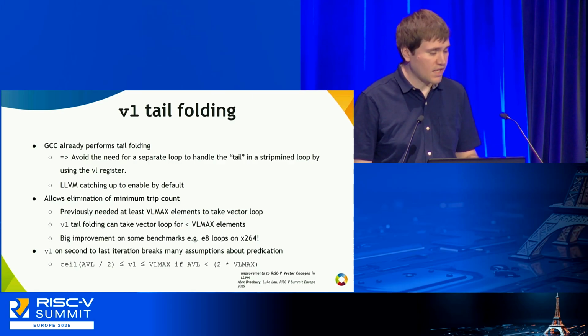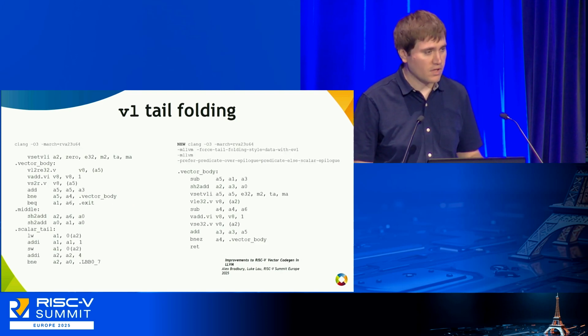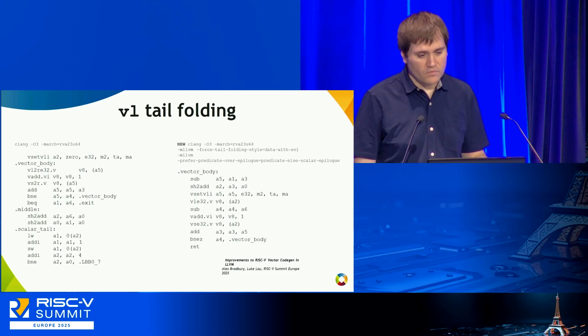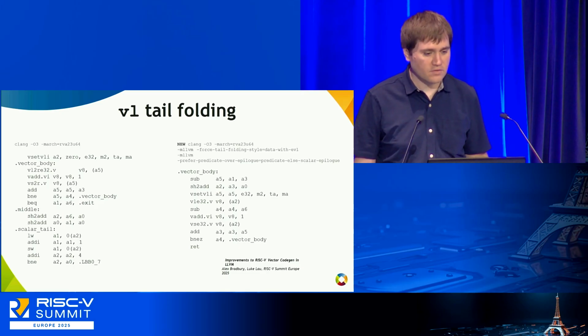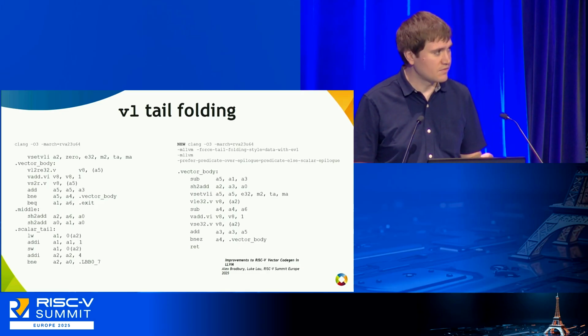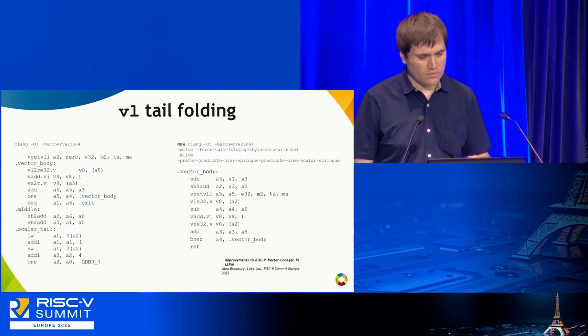The RISC-V Vector ISA naturally gives you a lot more flexibility in terms of how you do that. In fact, full flexibility in that you can easily handle these irregular loops. So previously, you'd had this codegen. You can see at the top, you're handling the vector elements, and then if you have anything left over, you branch to what we call the scalar tail to handle anything that's left over. Now it handles it all via the vectorized loop.